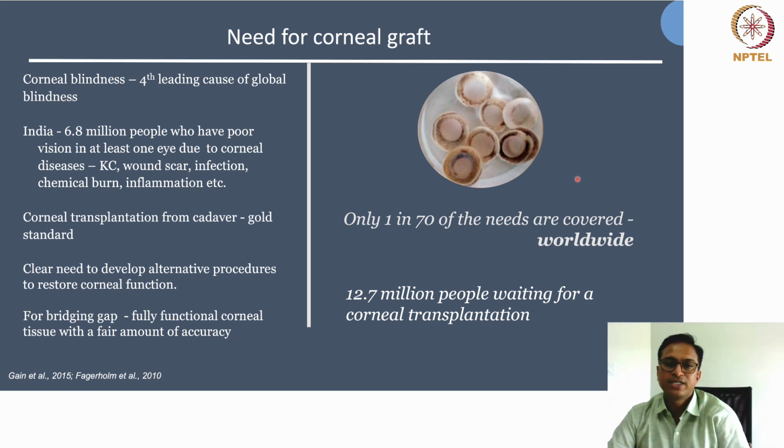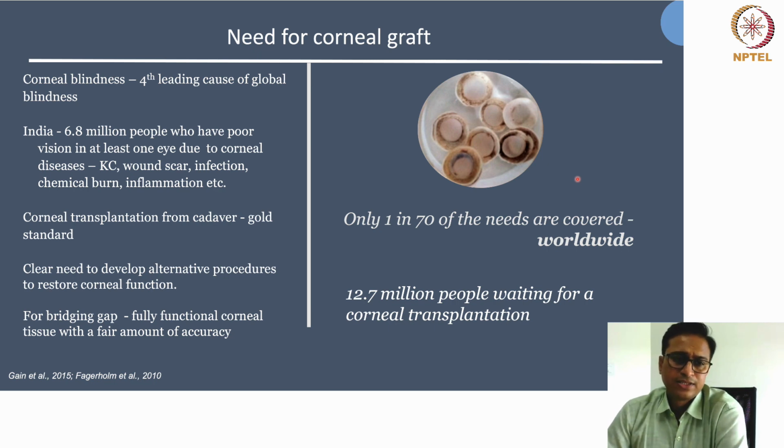Corneal blindness is the fourth leading cause of global blindness. In India, around 7 million people have poor vision in at least one eye due to corneal diseases like keratoconus, wound scar, infection, chemical burn, inflammation. Due to these different diseases, the cornea can become opaque or the vision can be lost.